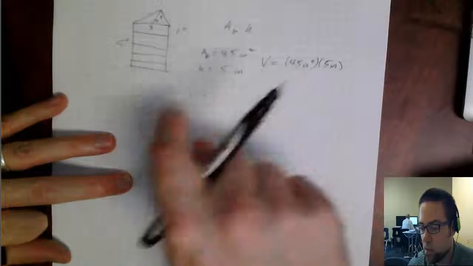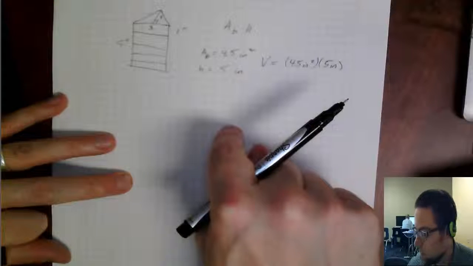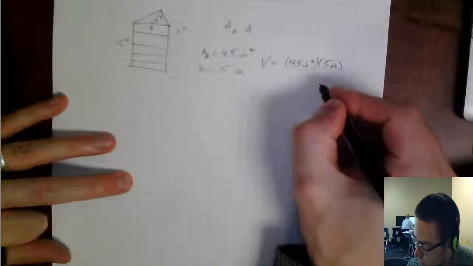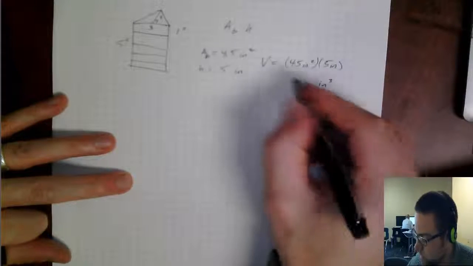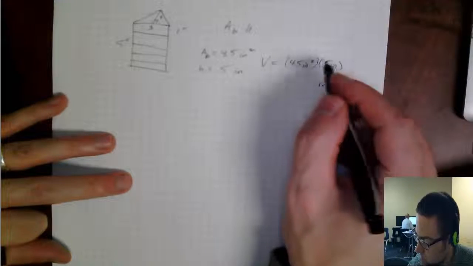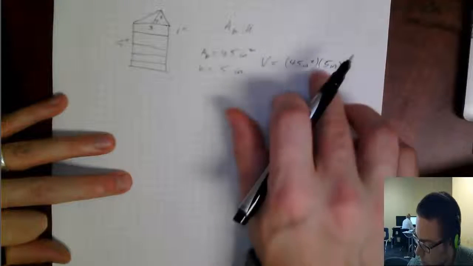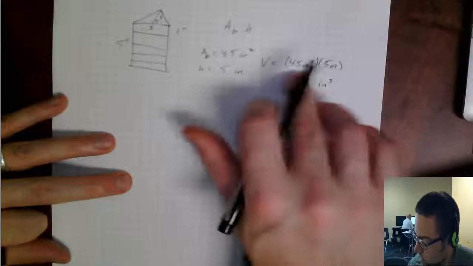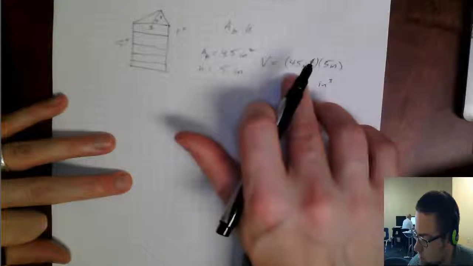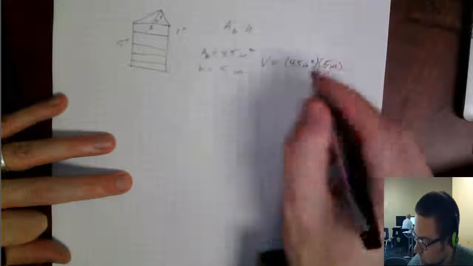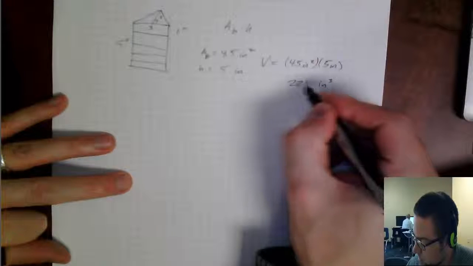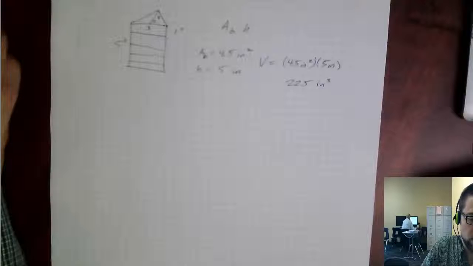If I take something squared times another of itself, it makes it cubed. So inches cubed, and then 4.5 times 5. Well, 4 times 5 is 20, and half times 5 is 2.5. So it'll be 22.5. That's just my guess, my estimate, but let's make sure.